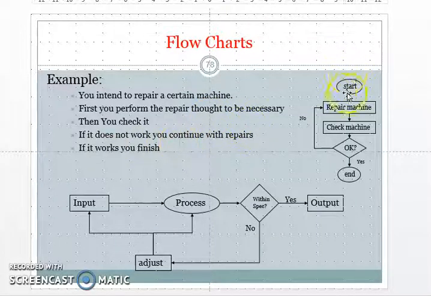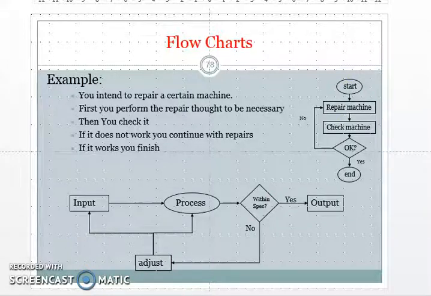Just see in the flowchart: start, repair the machine, then check the machine, then here you have to make a decision using a diamond symbol. If it is working, then end the process. If the machine is not working, again you have to return and repair the machine. Okay, this is the simplest flowchart.